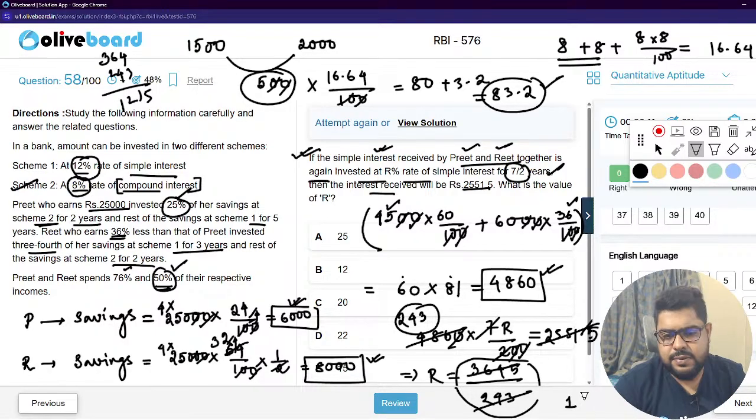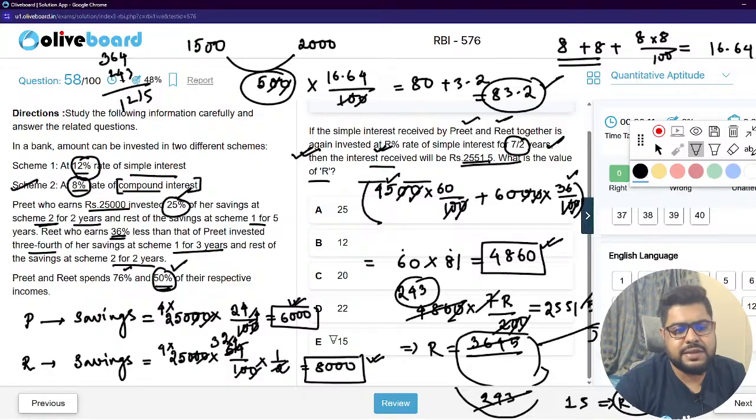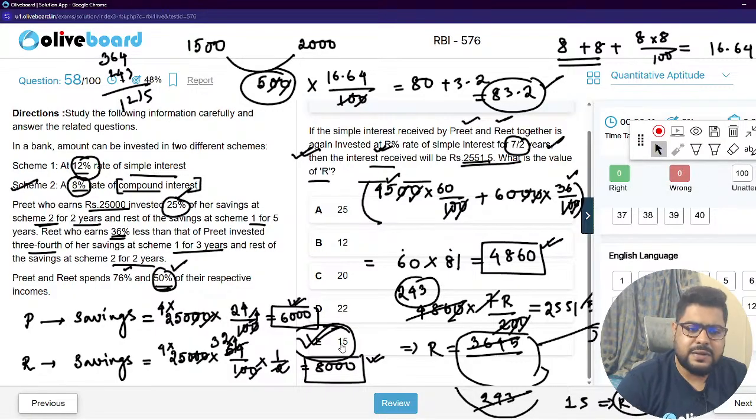It is 5 times. R is 15, sir, which is there in option number E. Yes, option E, R is equal to 15. Done, sir.